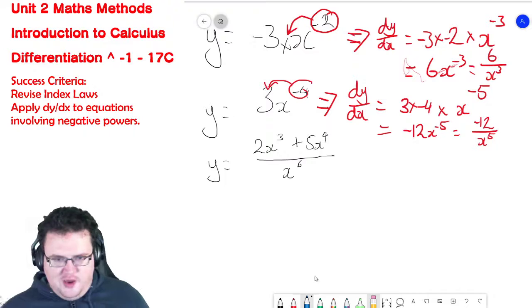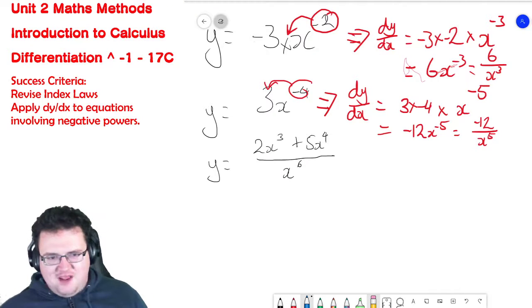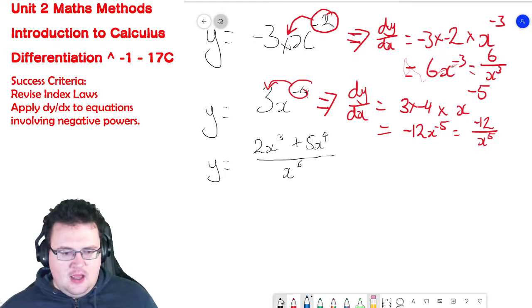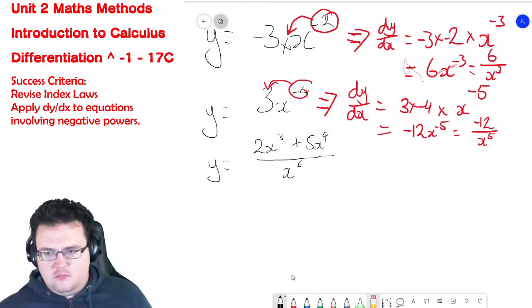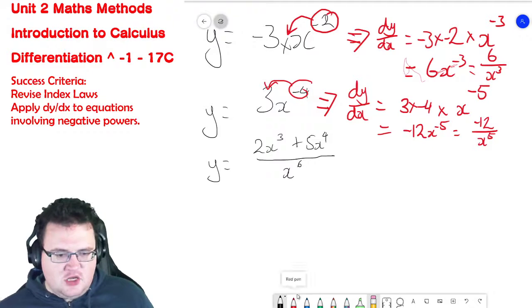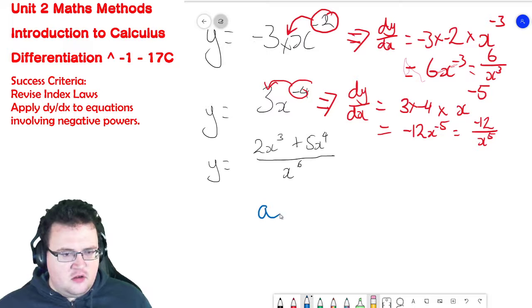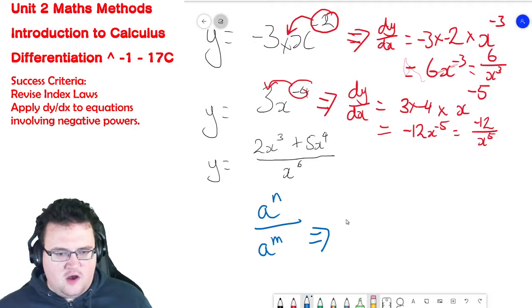So there are two ways that you can do this. One may be easier than the other. What I'm going to do is remind you that if I have a to the n divided by a to the m, then that simplifies to a to the n minus m.